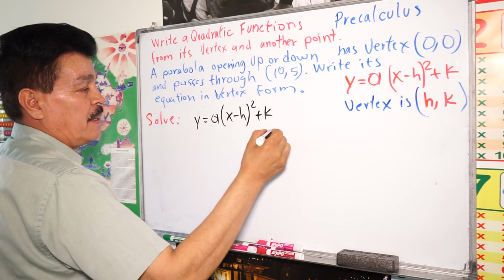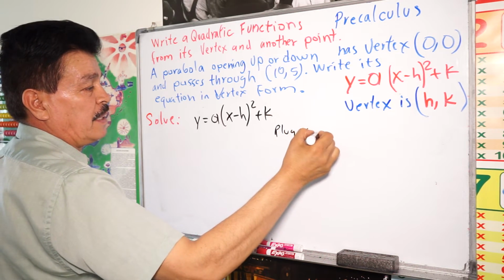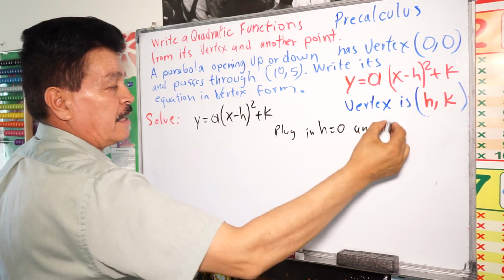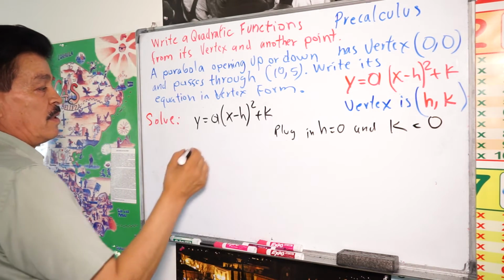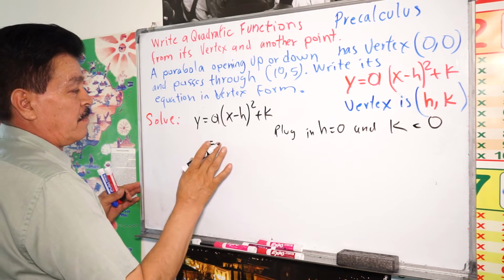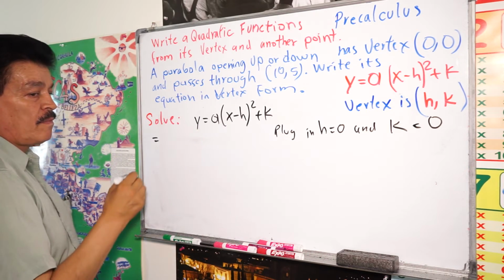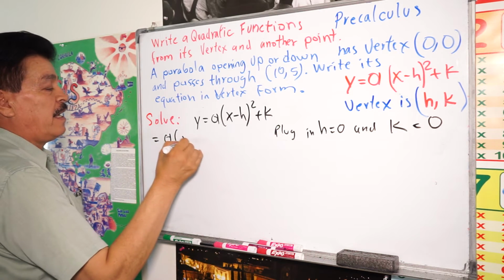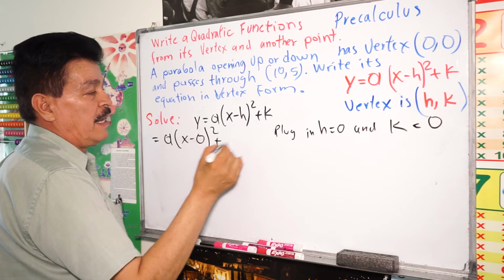Next step, plug in h equals 0 and k equals 0. So h equals 0, k equals 0. Right? So here we are going to have y equals a times (x minus 0) to the second power plus 0.